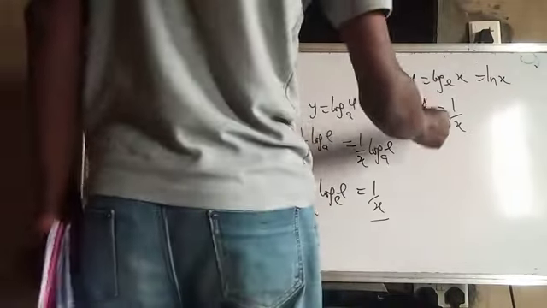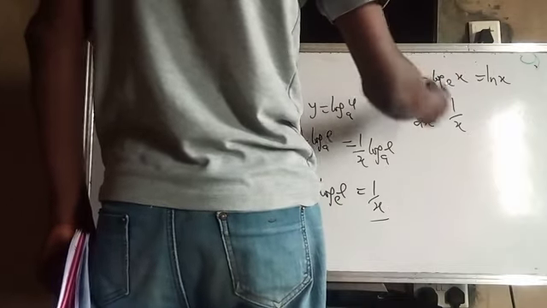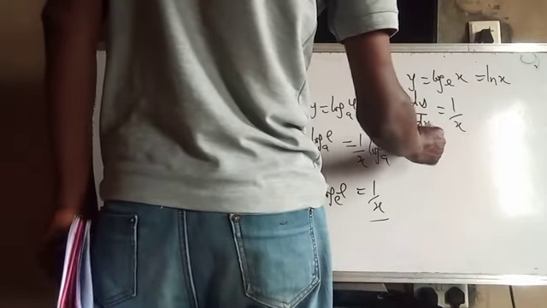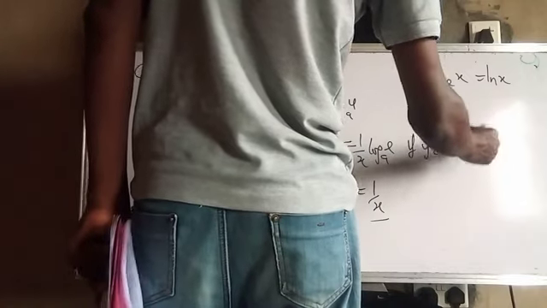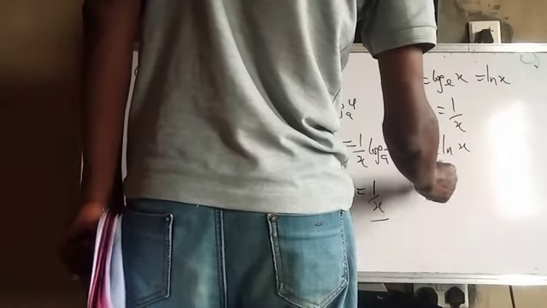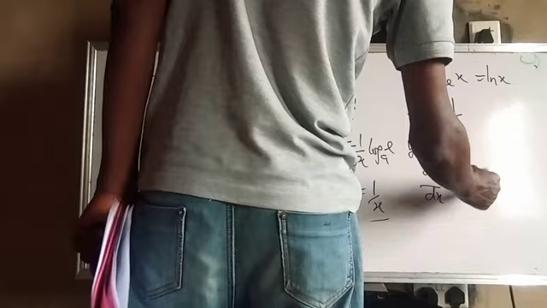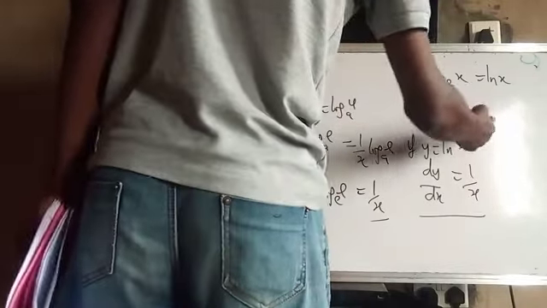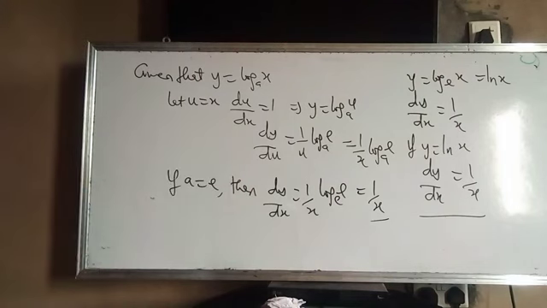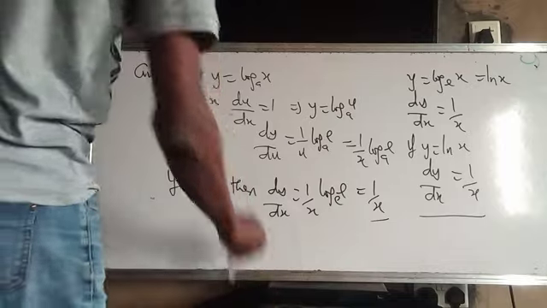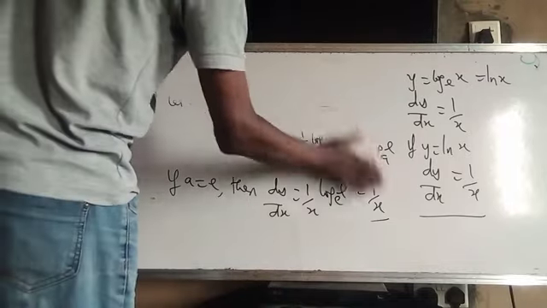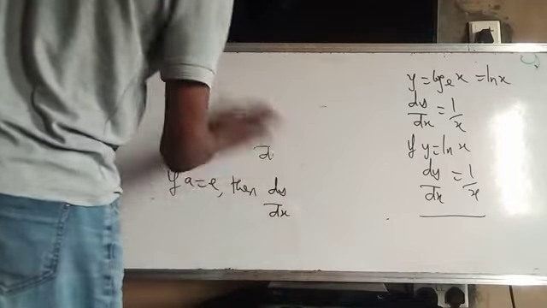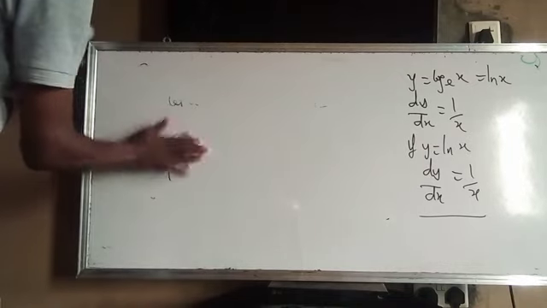So it means that if you have y is equals to ln x, dy/dx is equals to 1 over x. Or if you come across a question that says y is equals to log x base e, dy/dx is still 1 over x. So let's look at another example there.